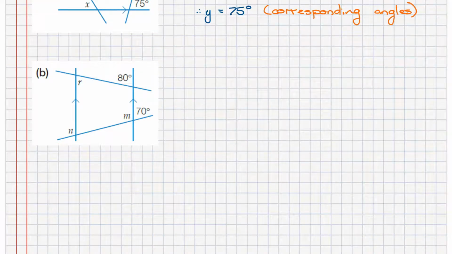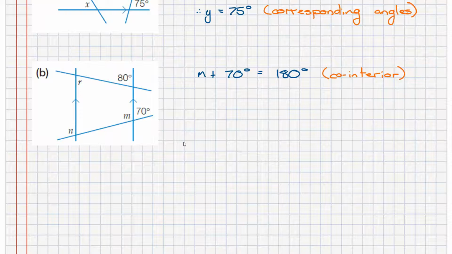So we can write the equation m plus 70 degrees is therefore equal to 180 degrees, and of course that is cointerior. Notice how I'm writing the geometric property next to the line where I'm using it. The reason is that we have to use deductive reasoning, or geometric reasoning I should say, to get to our final answer.